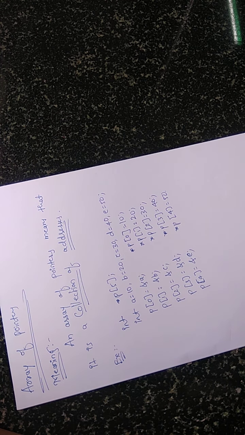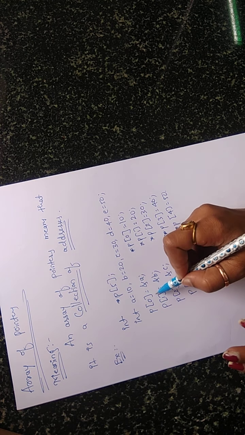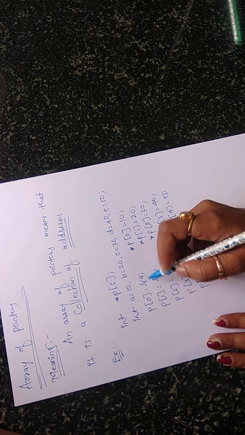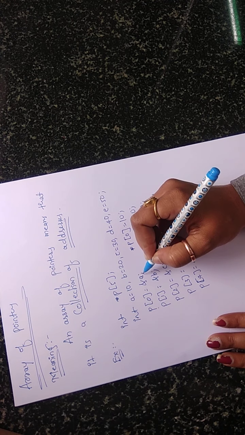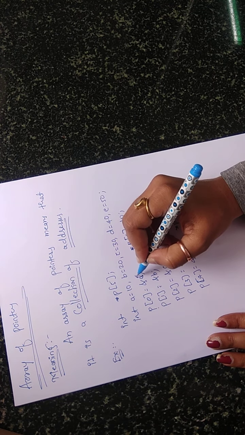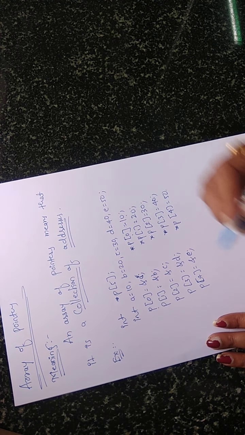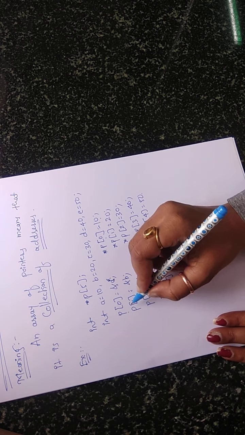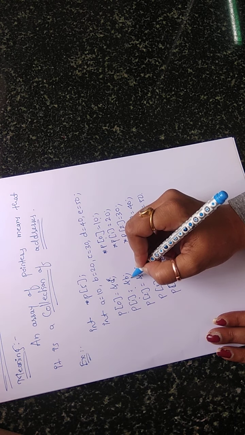So what you are doing is saying that p of 0 is equal to ampersand of a, which means in the 0th position we are storing the address of a. So in asterisk of p of 0, what is there? The value assigned to a, that is 10. You are saying p of 1 is equal to the address of b.